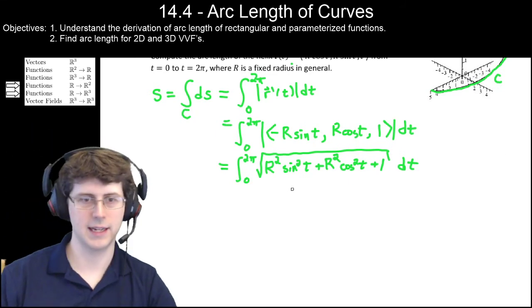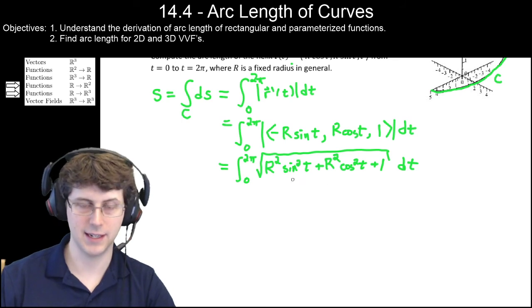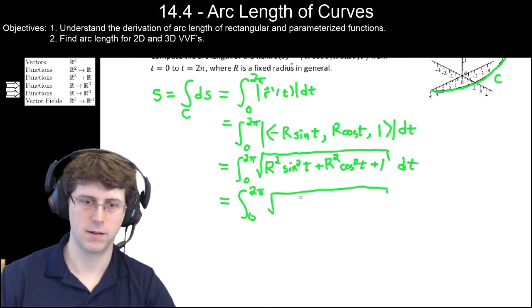Then we notice, as usual, that when we're dealing with circles or helices, something good happens. Namely, if I factor out the r squared, I'll get 1. So I'll have the square root of r squared times 1 plus 1, dt.